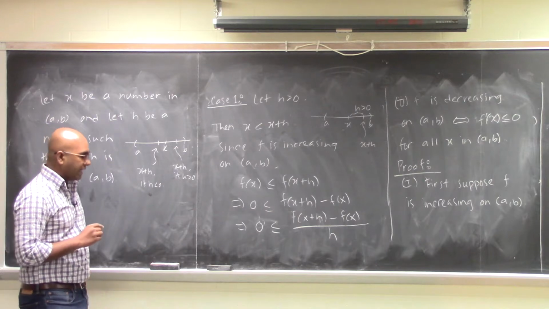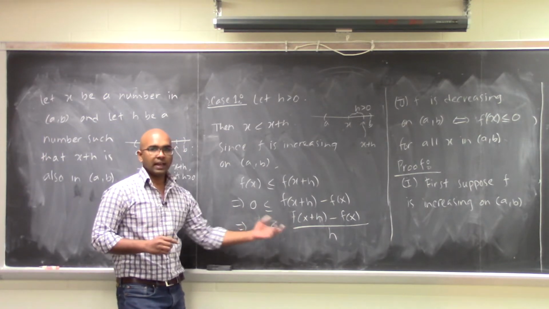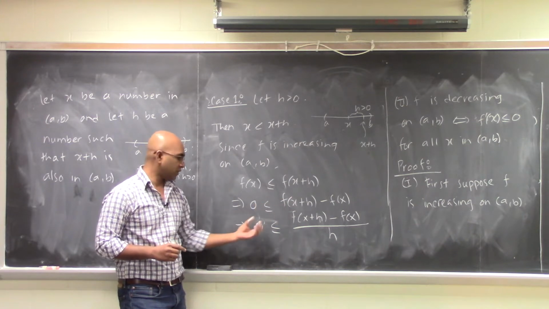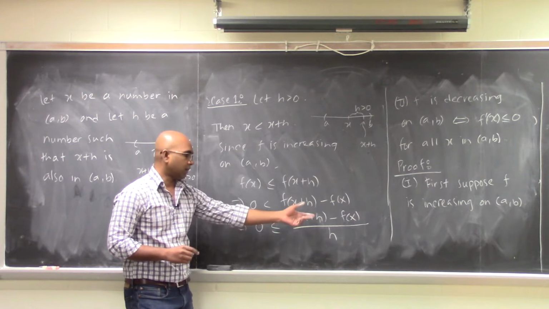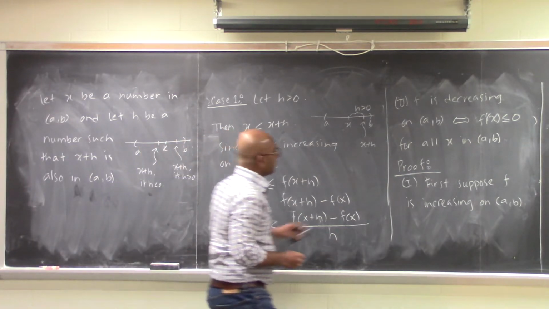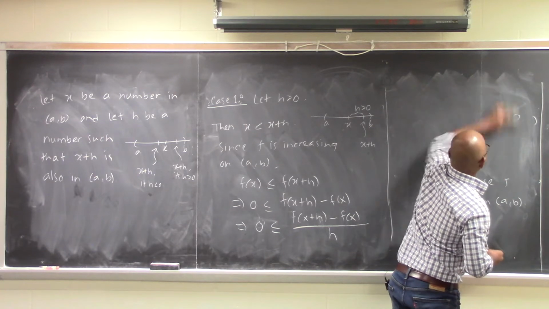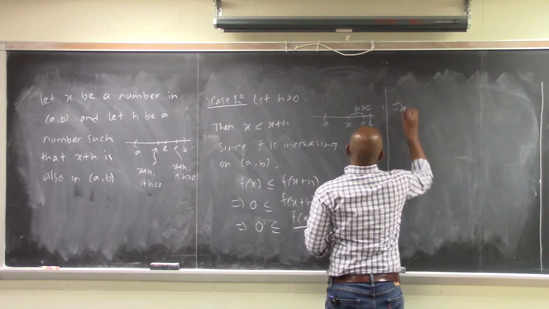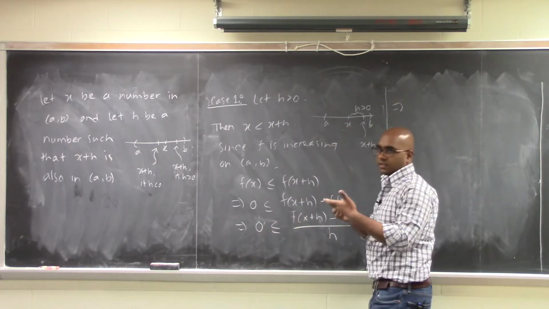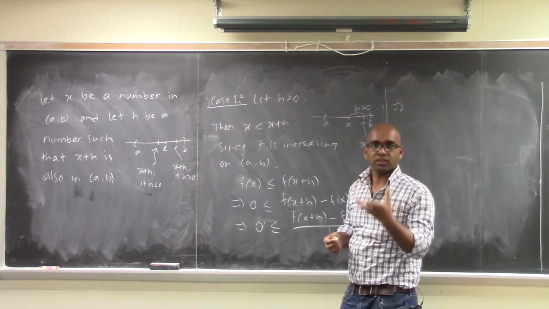Now, one idea from limits: if you have two functions, one is less than the other, and you take limits of those two functions, the smaller function will have a smaller limit than the bigger function, right? So we'll take a limit on both sides. The limit of 0 is 0 because that's a constant function. No matter where h goes, 0 will remain at 0 all the time, right?